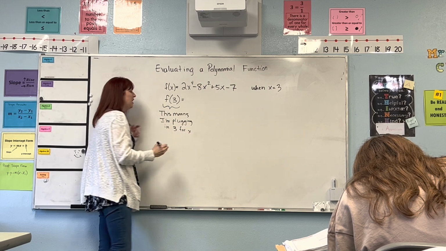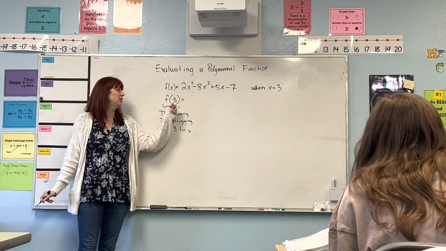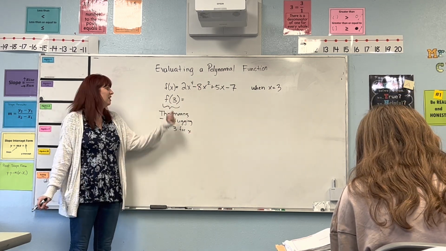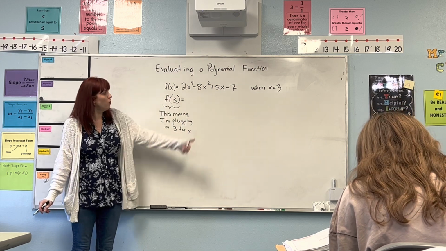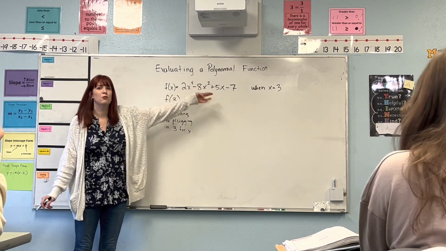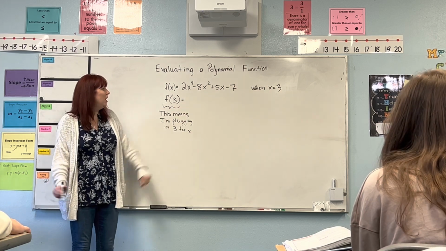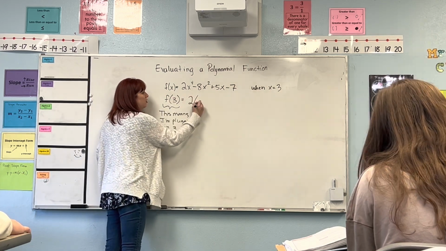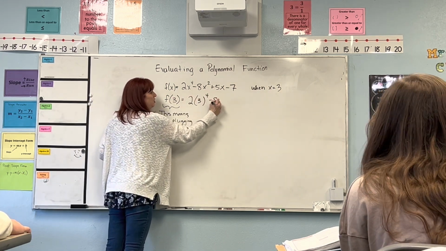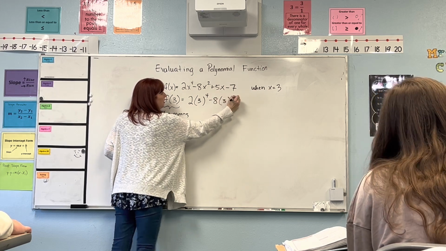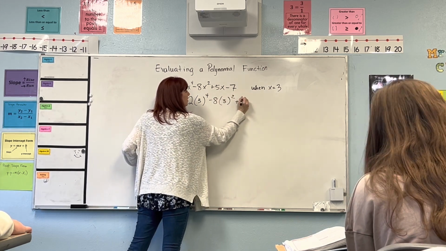So anytime you see f of something, all that means is plug that in for x. Even if it says f of x plus 1, that means plug in x plus 1 for x, wherever it is. Now you just write this, make sure you get things in parentheses and negatives in the correct spot.